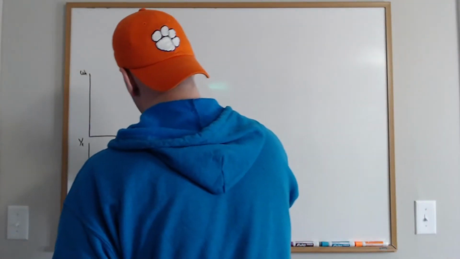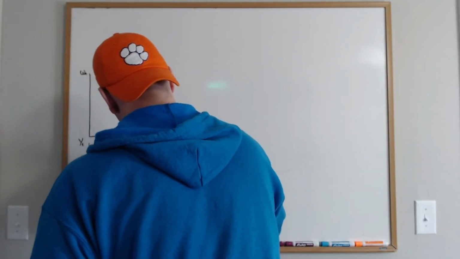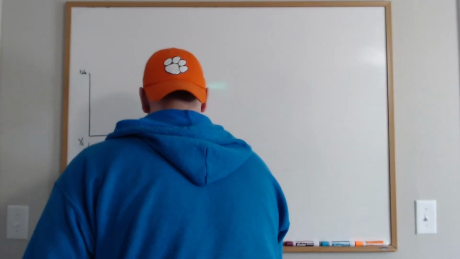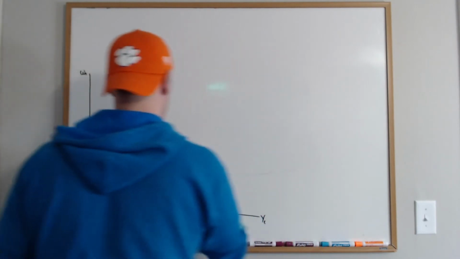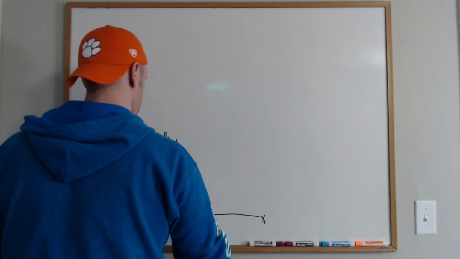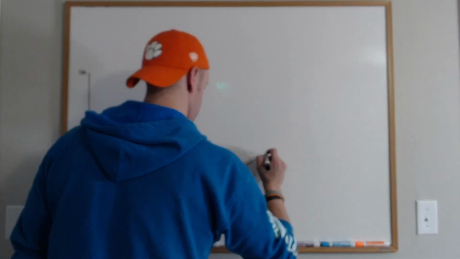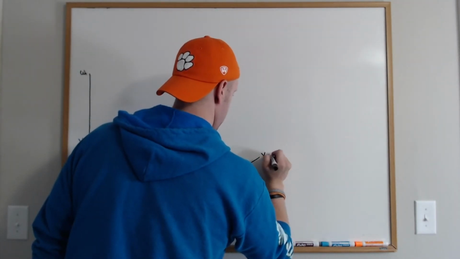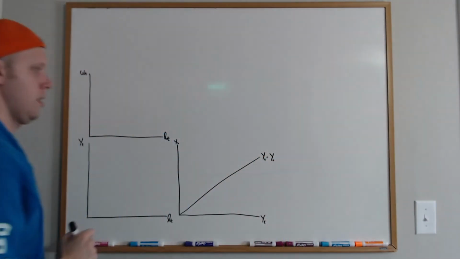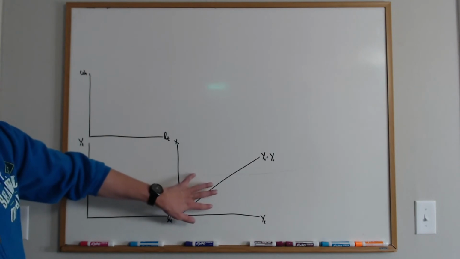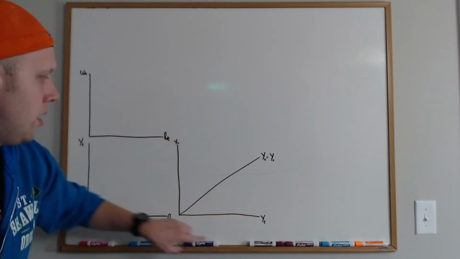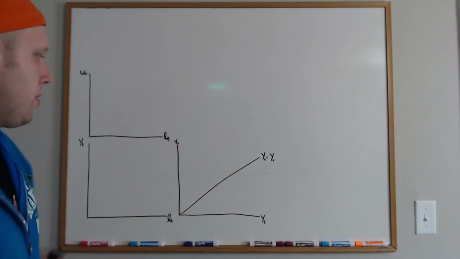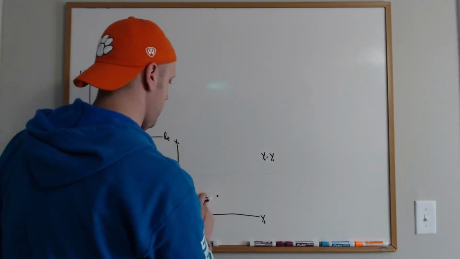Now over here, if you don't remember this, go back and watch how to derive aggregate supply. I've got this 45-degree line where YT equals YT, output equals output.